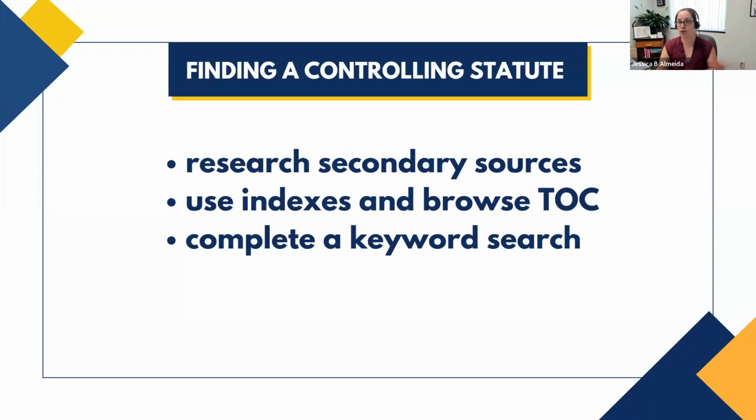And then the last strategy, as I mentioned before, is to complete a keyword search. You're going to do your research plan, you find those keywords, you use connectors and expanders to create a search string, and then you drill down into your jurisdiction and by statutory code, and then you conduct a keyword search.